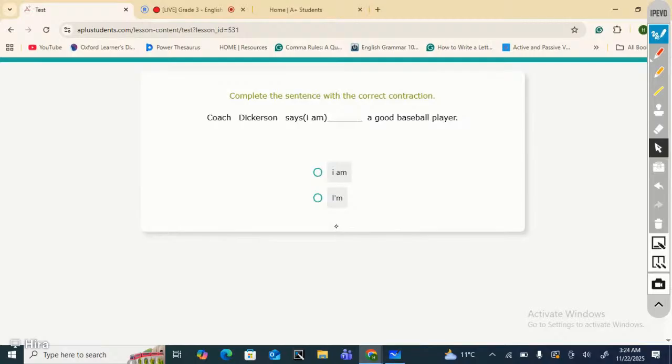Coach Dickerson says, I am a good baseball player. So, what is the contraction of I am?